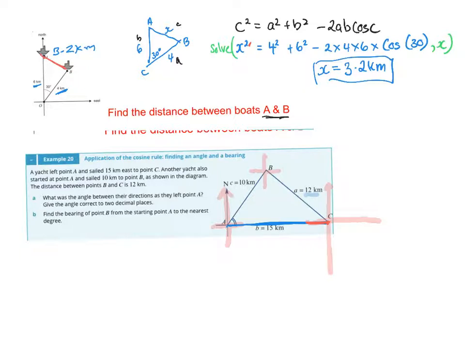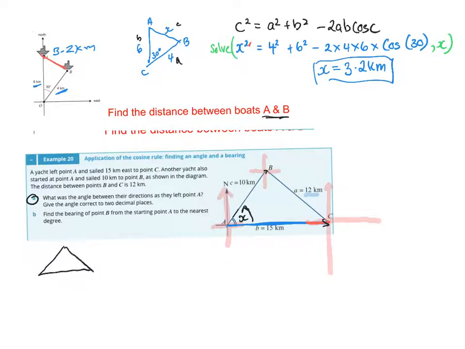So what they're actually asking for there is this angle here, okay? That was the direction of one guy and that was the direction of the other one, so they want the angle in here. This is question A. So just simplify the diagram for yourself if you want to, because it'll make it easier.